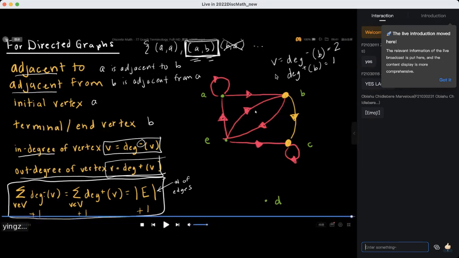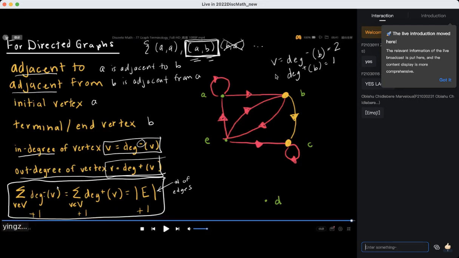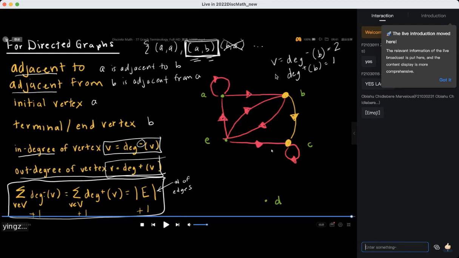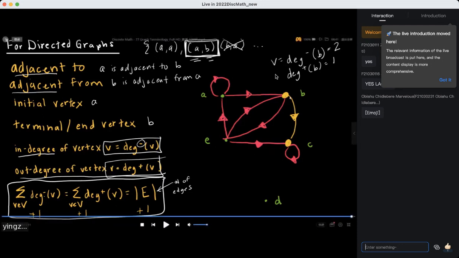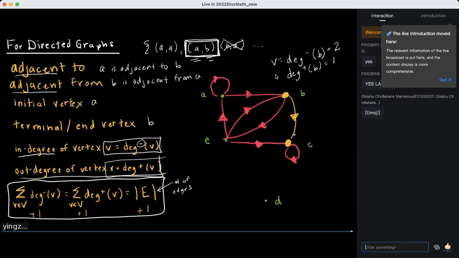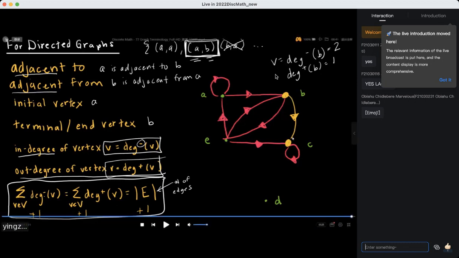So from this view, we can easily understand why the number of edges is equal to the sum of all the out degrees and also equal to the sum of the in degrees, because when we add an edge, a directed edge with an arrow, it contributes 1 to the in degree and 1 to the out degree.